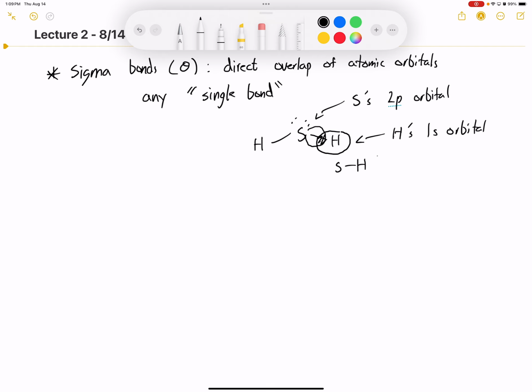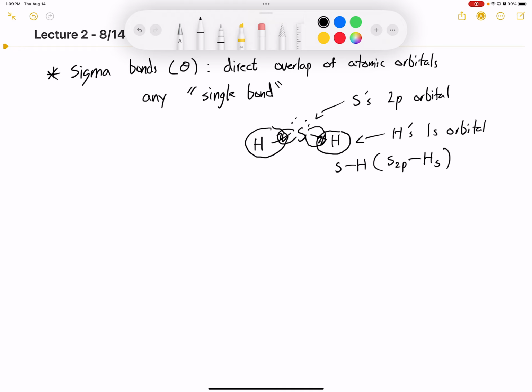It's composed of sulfur's 2p orbital and hydrogen's s orbital, like that. All right, so that's a sigma bond. There's actually 2 of them here. There's another one right here, like that. So there's 2 single bonds for hydrogen sulfide.